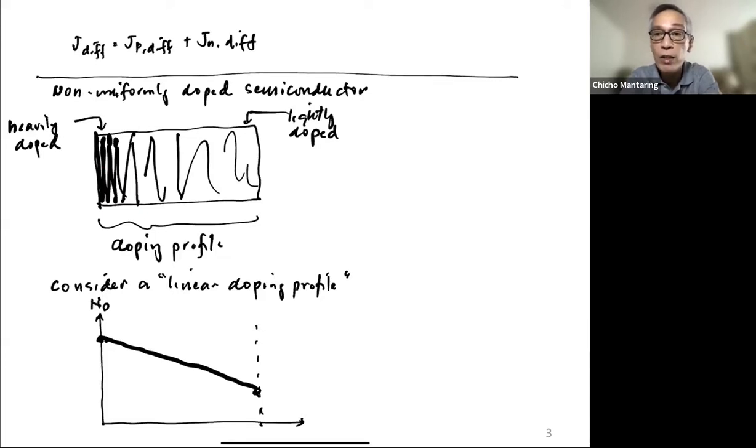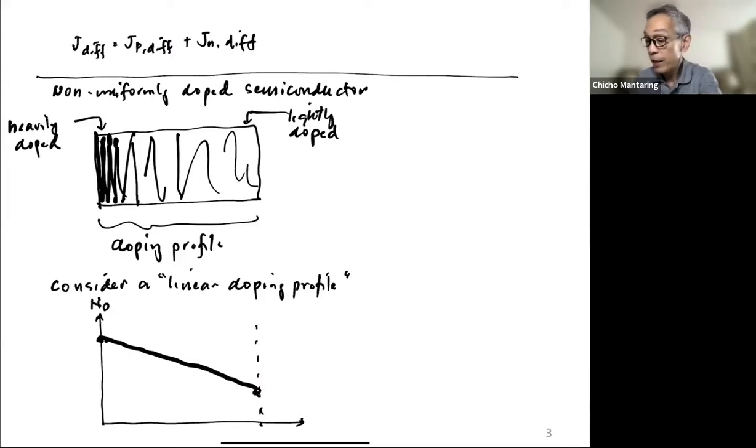That is, all holes of an acceptor impurity accept an electron, and all free electrons in a donor impurity are promoted to the conduction band. So if we assume total ionization, there are going to be more electrons on the left side than on the right side.